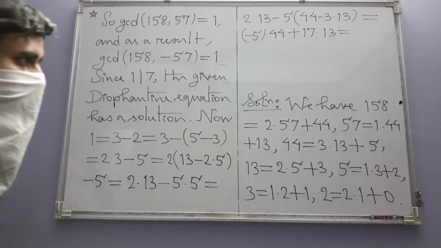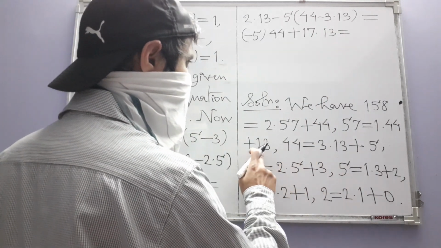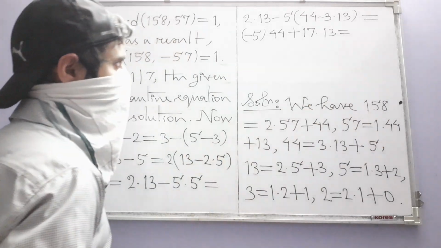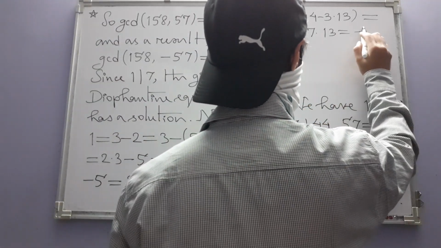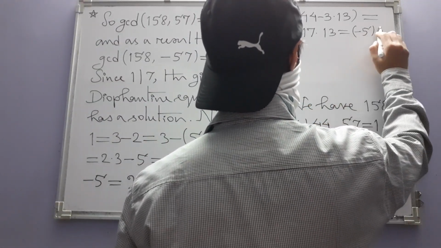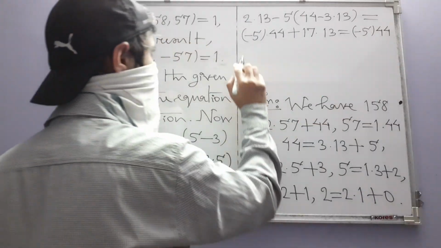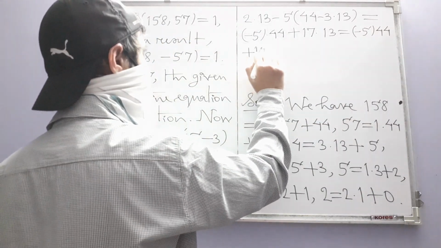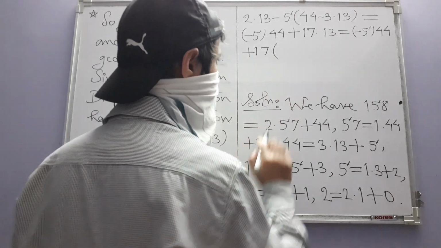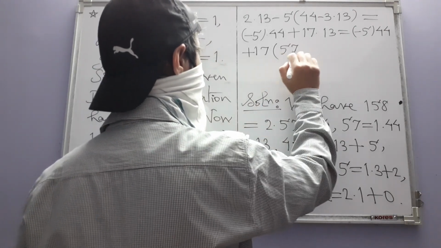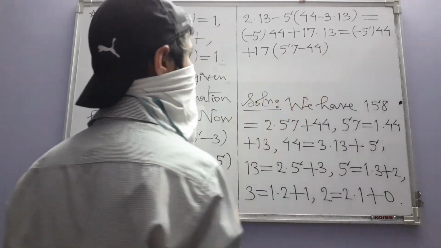Okay, now next I replace 13 with 57 minus 44: minus 5 times 44 plus 17 times (57 minus 44).